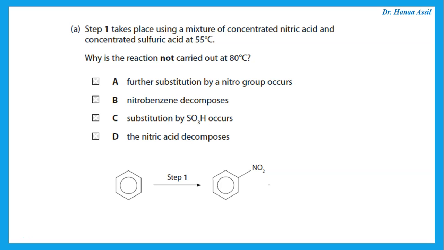Remember, if we have concentrated nitric and concentrated sulfuric, it puts NO2 on the benzene ring. But if I heat it to a very high temperature, then it can put several NO2s on the benzene ring. So we don't do it at a higher temperature to prevent further substitution by a nitro group that would occur if we heated it to a higher temperature.